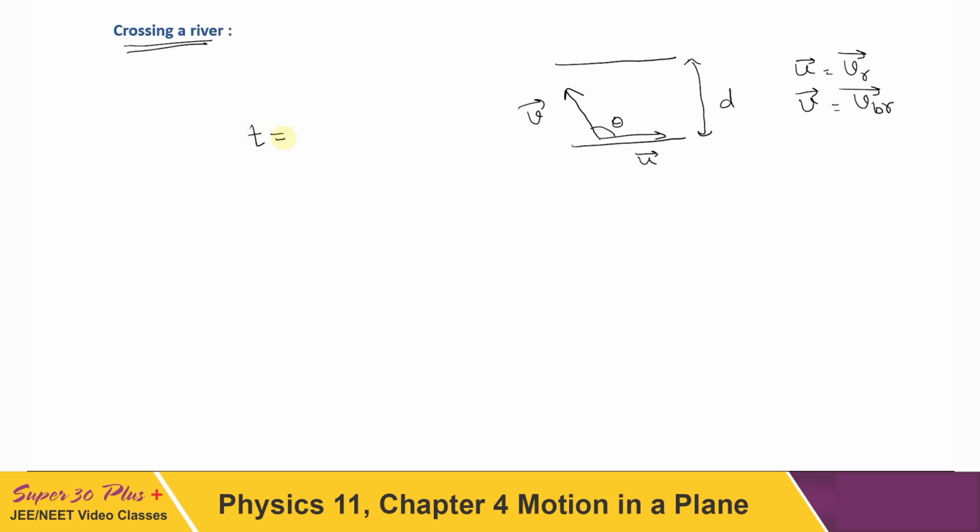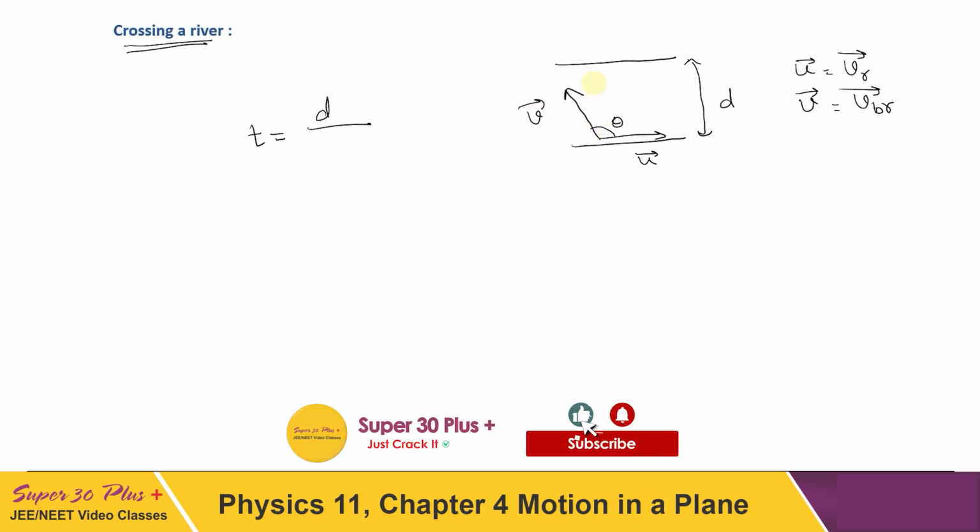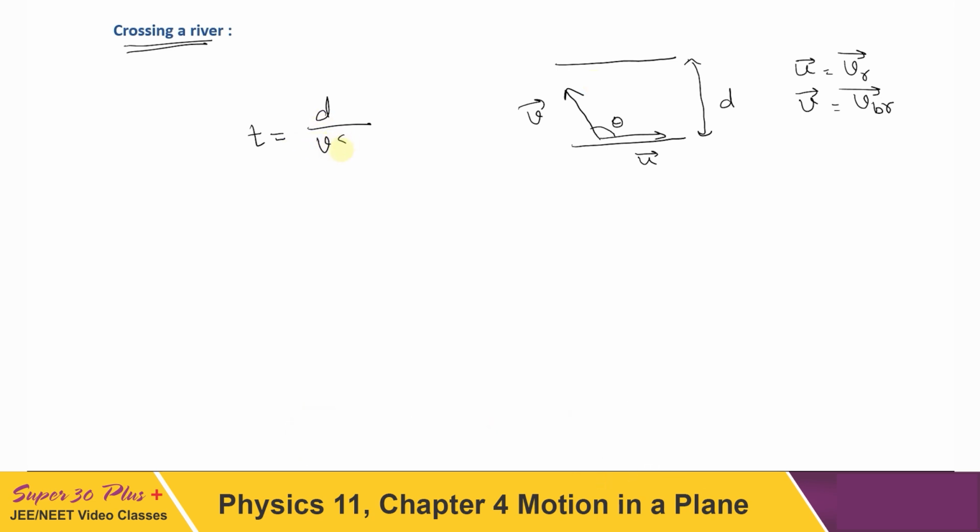The distance it has to travel to cross the river has to be d, which is along the width of river. And what is the velocity in that direction? Along d. As you can see here, u has no component in direction of d. Only v will be having a component which is equal to v sine theta in that direction. So time taken will be d upon v sine theta.